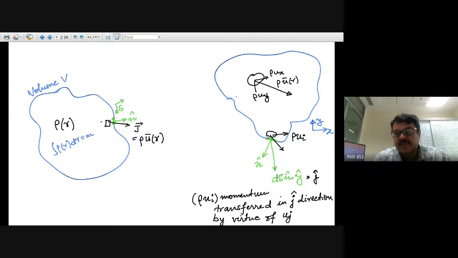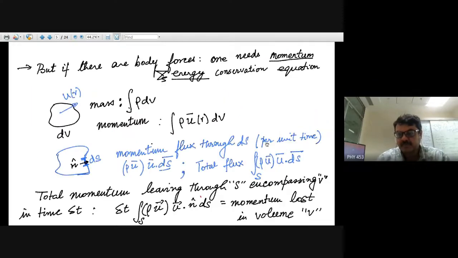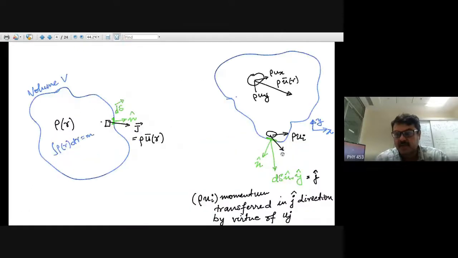And suppose some different element of fluid was flowing out through the surface in this direction, and again it has component in the x direction as well as y direction, whereas the surface through which it is flowing out is pointing in this direction.